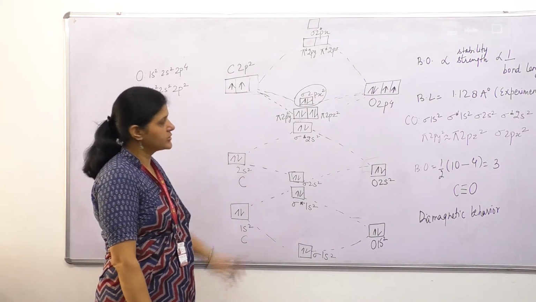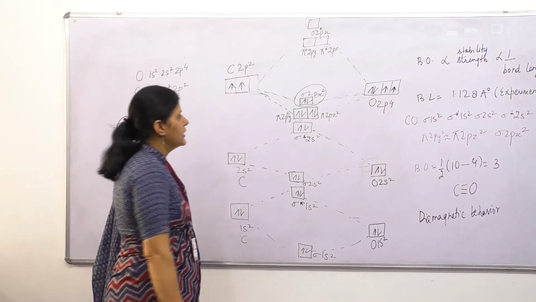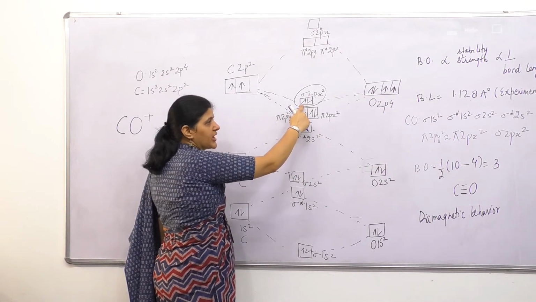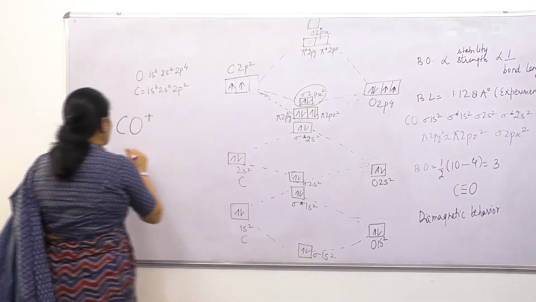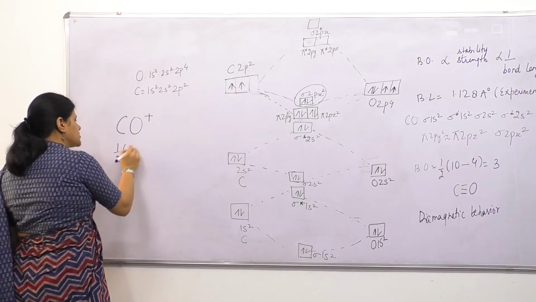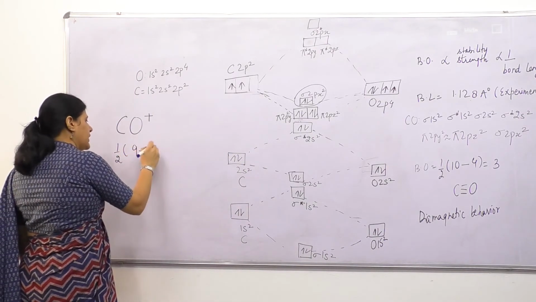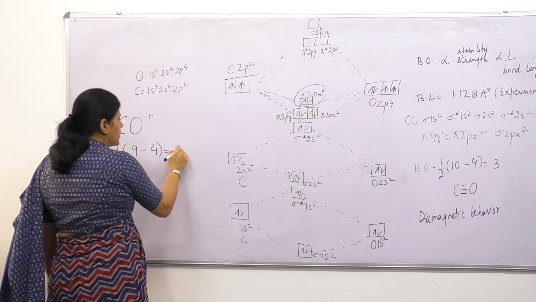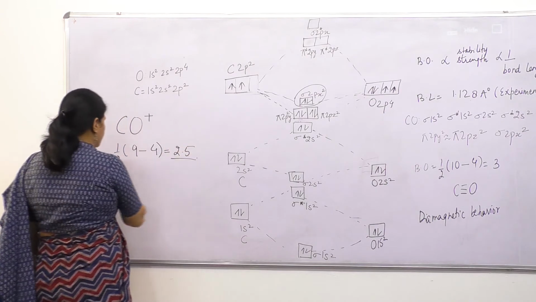If electron is removed from this portion, then the bonding electrons will become 9. Okay, so bonding electrons will become 9 and anti-bonding will remain 4. Bond order will become 2.5.